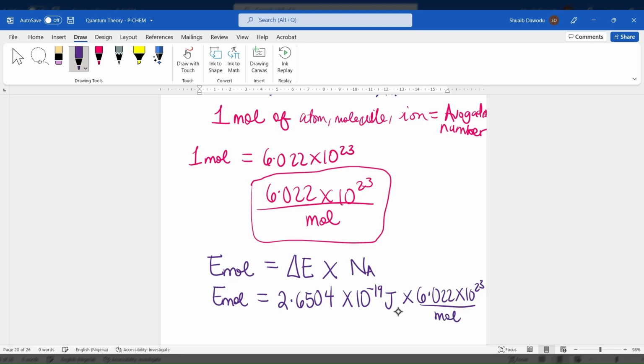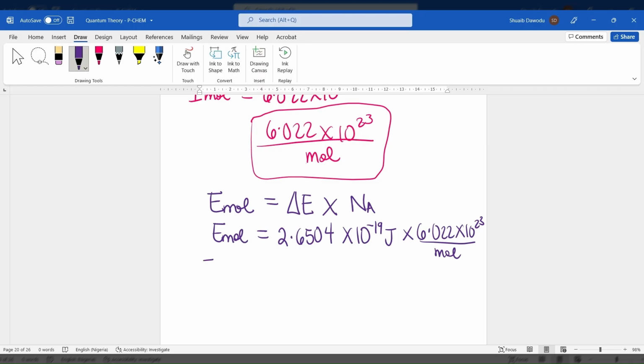That's basically this one right here. When you have this, E mole is going to equal 1.590607 times 10 raised to the power of 5 joule per mole. This is basically the answer to this question.